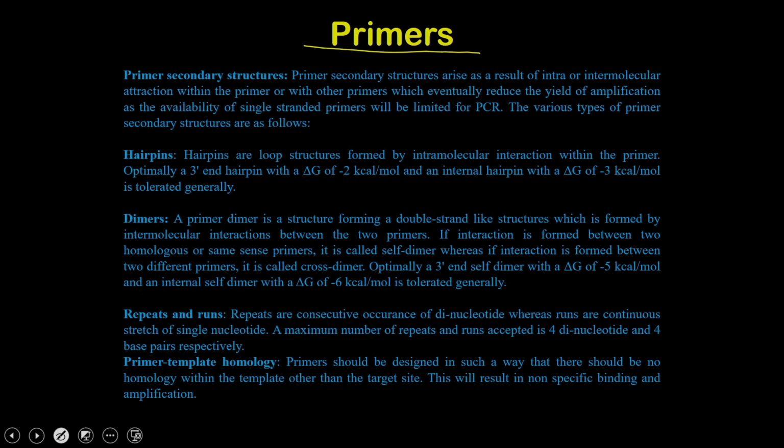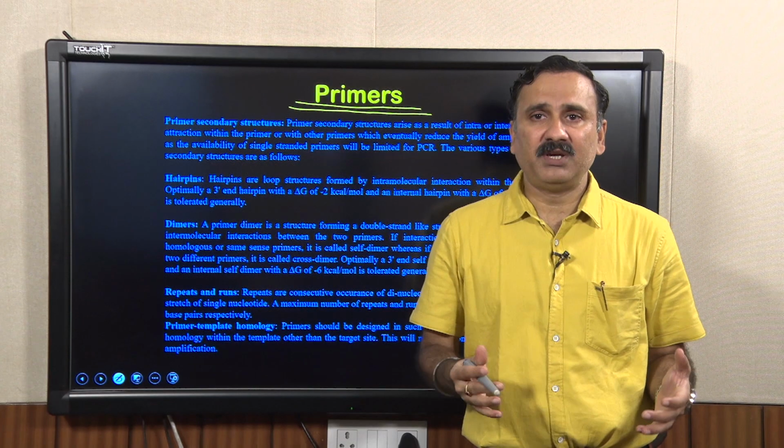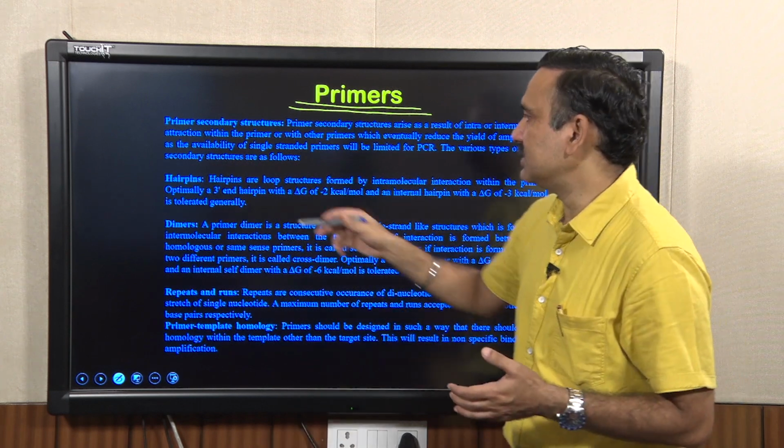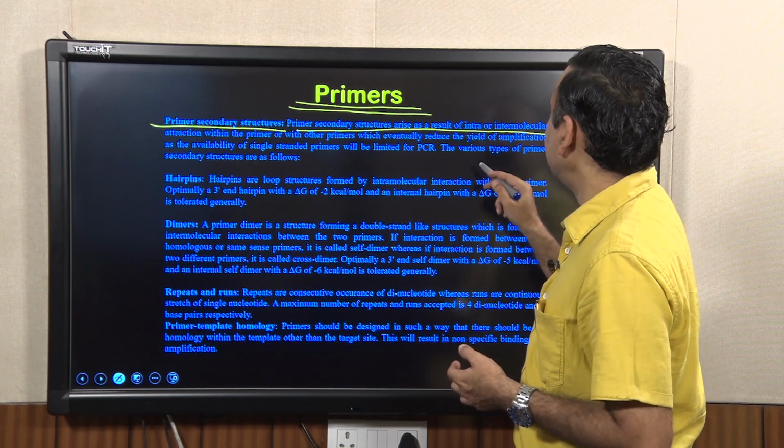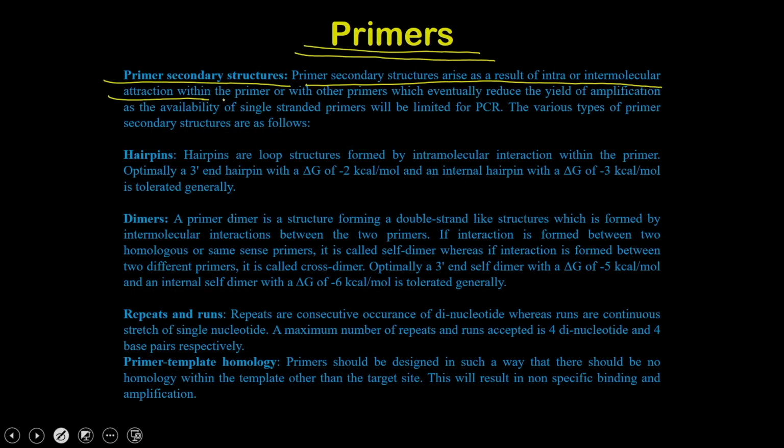Apart from that, when you are designing a primer, you also have to consider the formation of primer secondary structures. Primer secondary structures arise as a result of intra- or intermolecular interaction within the primer or between primers, which eventually reduces the yield of amplification, as the availability of single-stranded primer will be limited for PCR.